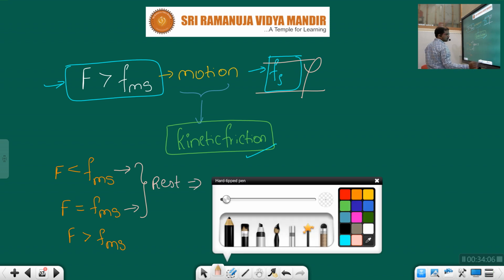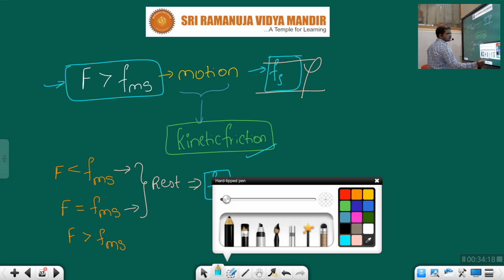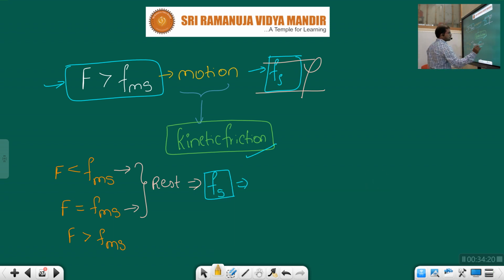At this moment, static friction will act. What is that value, children? Fs is equal to the applied force. That much only is the static friction.